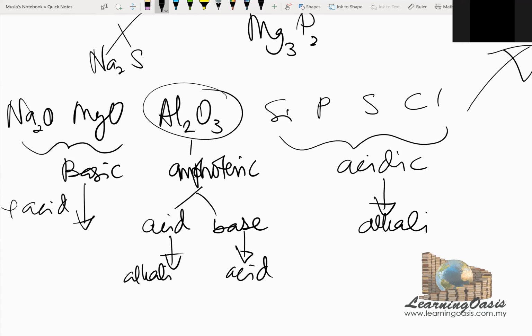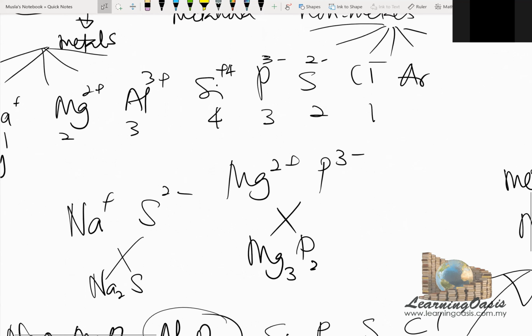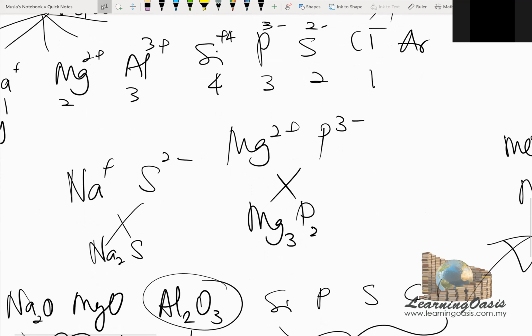What is that? Stable oxide layer. So what do you use it for? You use aluminum to store food as a food container because it has a stable oxide layer. Okay.